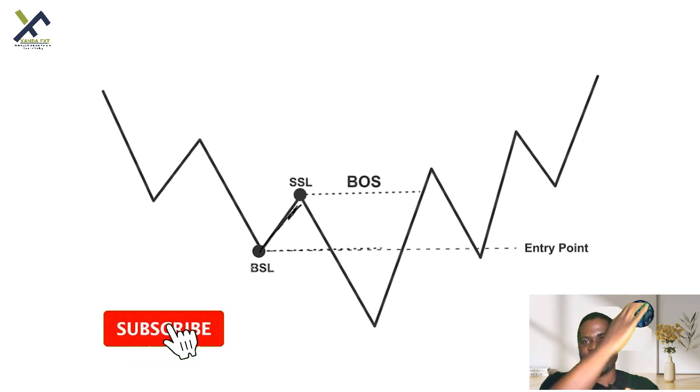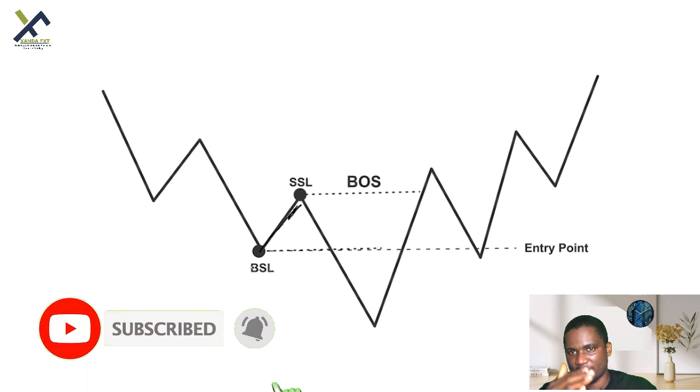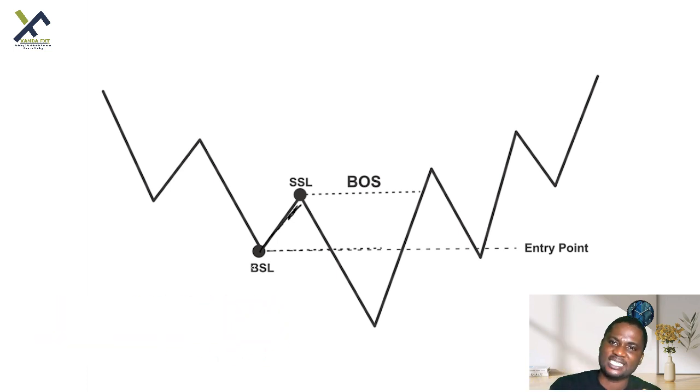Look up. It has been coming down, down, down, and all of a sudden there is a change of structure. You are anticipating that the market will start moving up. Because you are anticipating that the market, after changing the structure from the bearish movement, should start going up, your entry will be at the buy side liquidity.